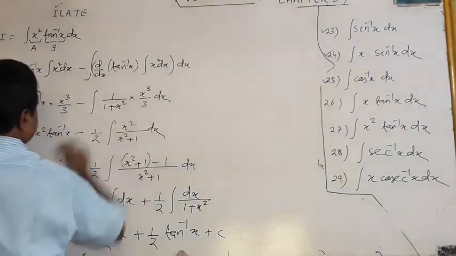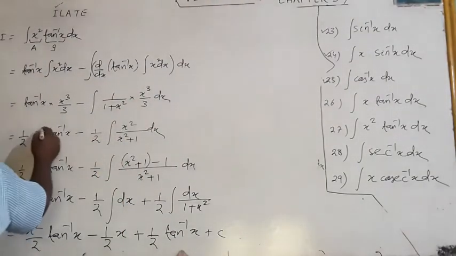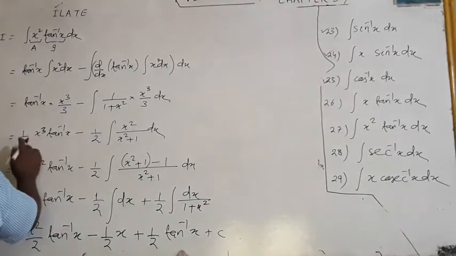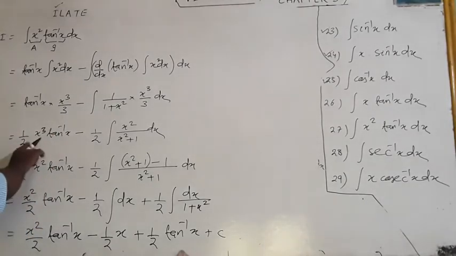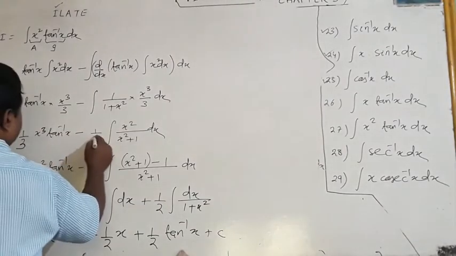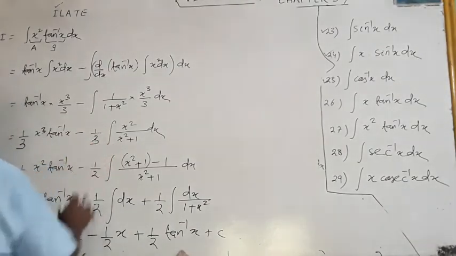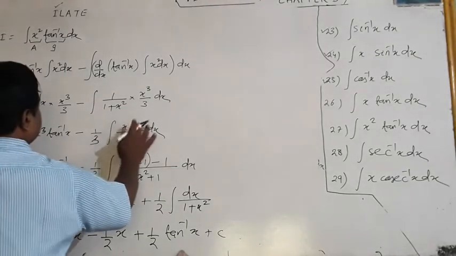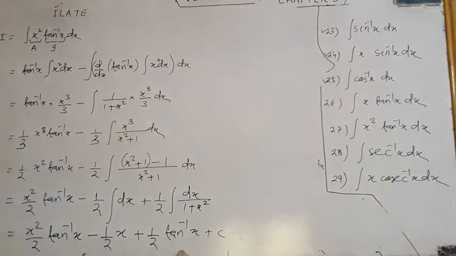So it is x cube tan inverse x by 3, and 1 by 3 will come outside. Now it becomes x power 3 by x square plus 1.